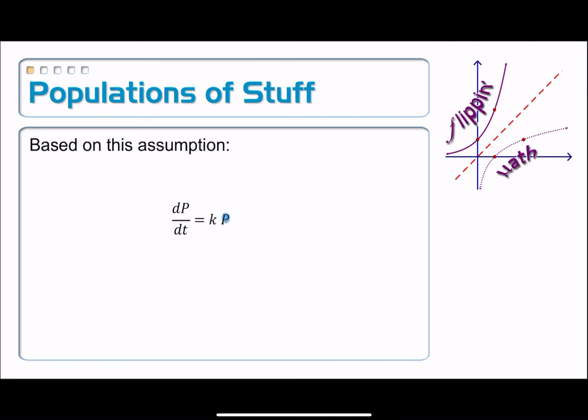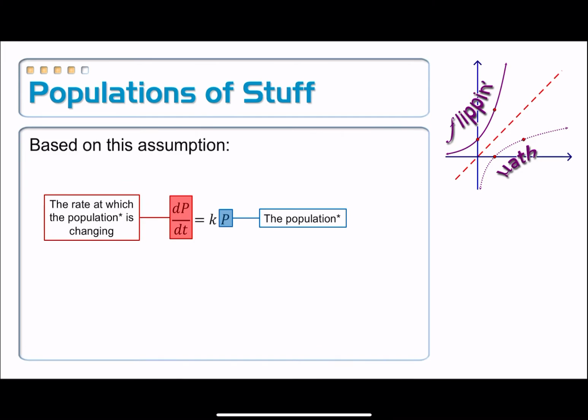So here we've got our population P, and dP/dt is the rate at which that population is changing, growing, shrinking, whatever. And then finally, our k here is our constant of proportionality. We're saying that our population growth is directly proportional to the population at any given time.